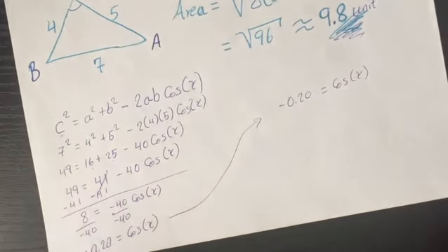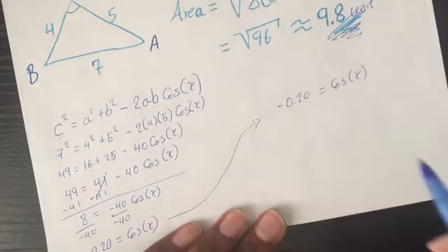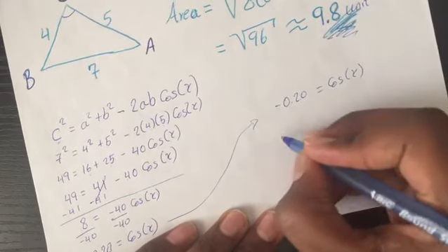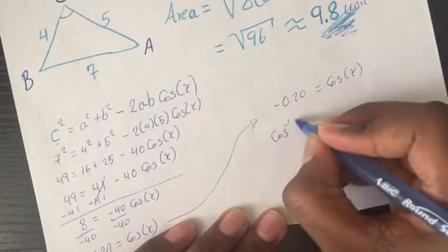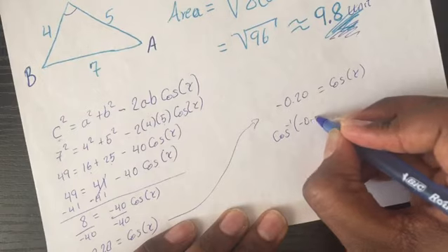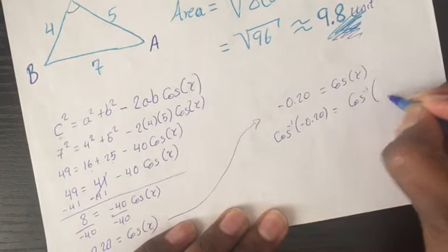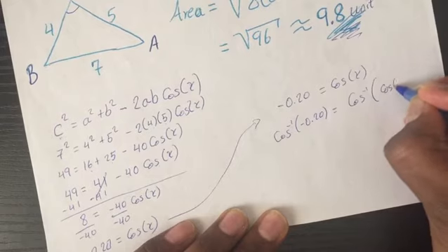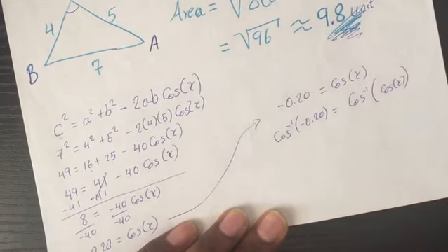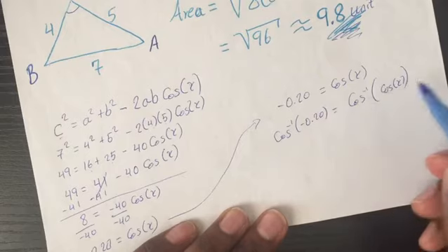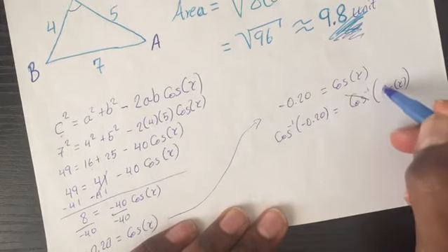How do I find gamma? Well, what we need to do here is take the inverse cosine on both sides. So the cosine inverse of this number equals the cosine inverse of cosine gamma. Cosine inverse and cosine are inverses of one another, so this crosses out with that.